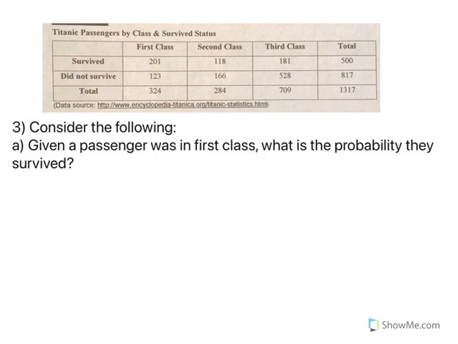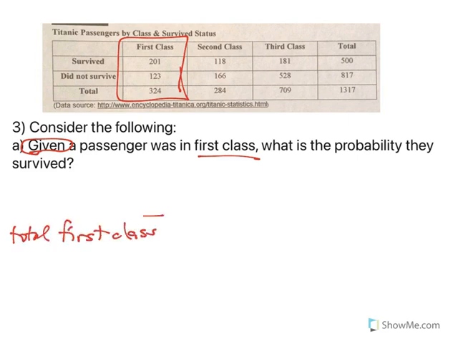Now we get into conditional probability, meaning given a certain condition, we find probability. So number 3, this is a 3-part question here. Given a passenger was in first class, that means we are only looking at first class. So the total of first class is going to be our denominator. What is the probability they survived? So in the first class, we're looking at survivors.